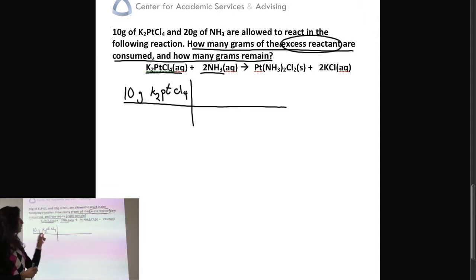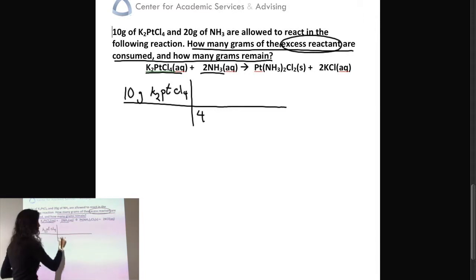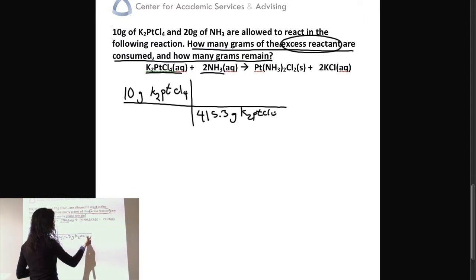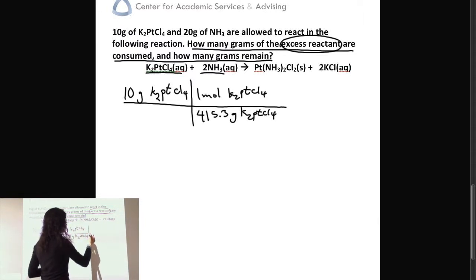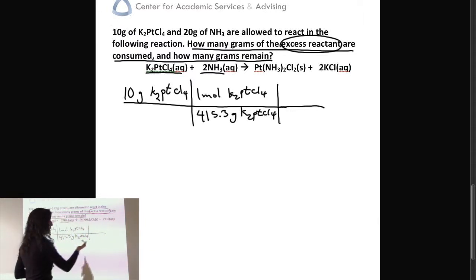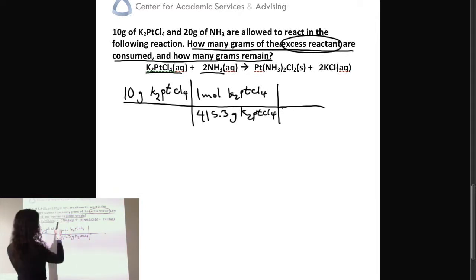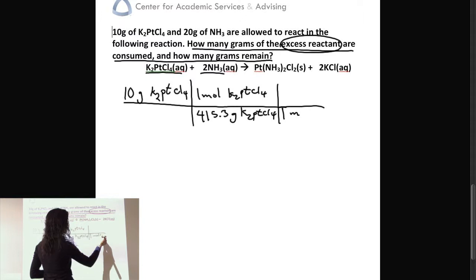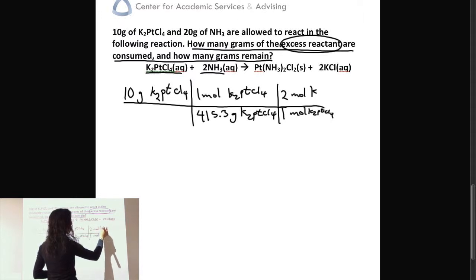So if you calculate the molar mass, you'll get 415.3 grams of K2PtCl4 is equal to 1 mole of K2PtCl4. And you know that according to our balanced chemical reaction, 1 mole of K2PtCl4 reacts to make 2 moles of KCl.